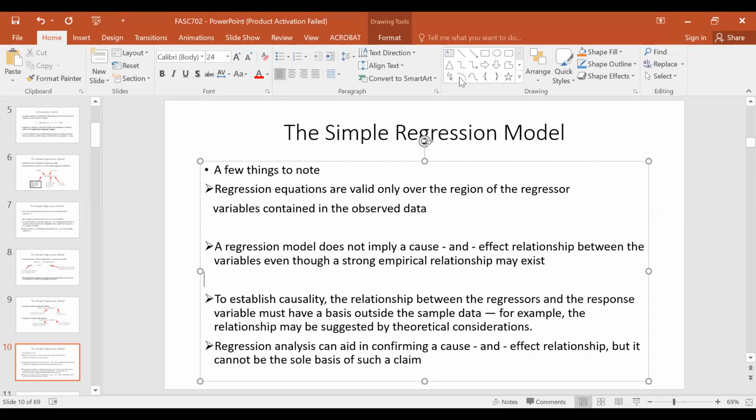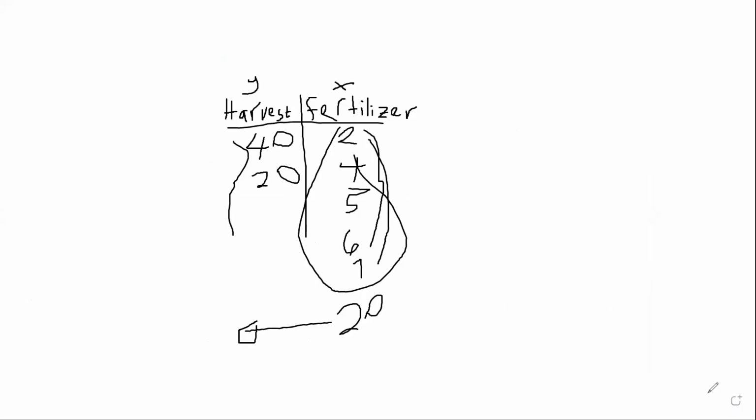So if I know that education increases people's salaries, and I'm claiming education causes salaries to go up, there is evidence to that.